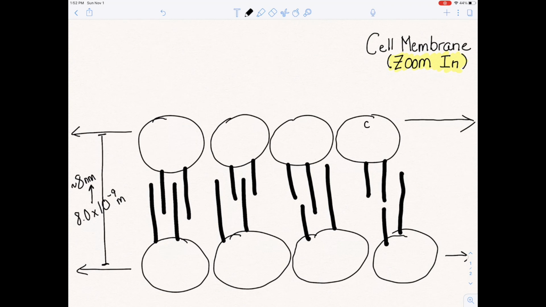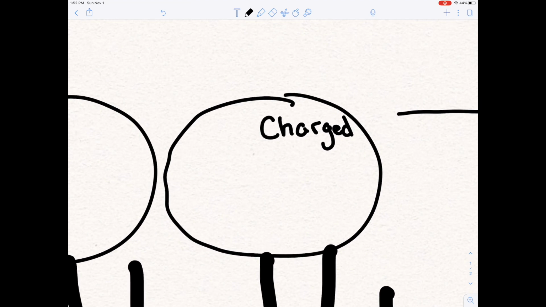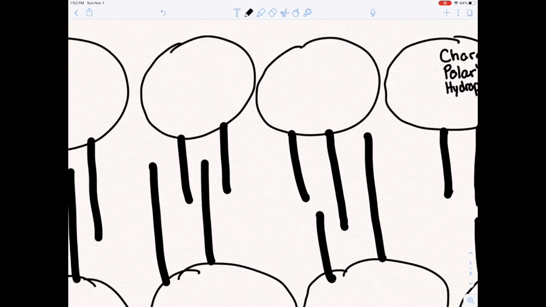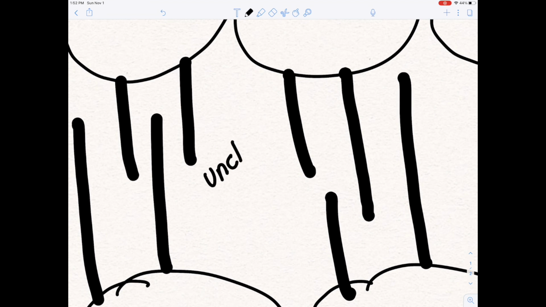Let's just write in to remind ourselves that the phospholipid heads are going to be charged. They're also going to be polar. And this makes them hydrophilic, meaning they like water. On the other hand, these tails are going to be uncharged.